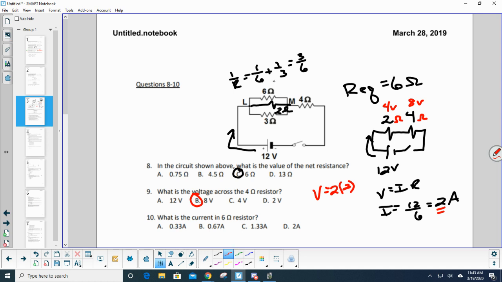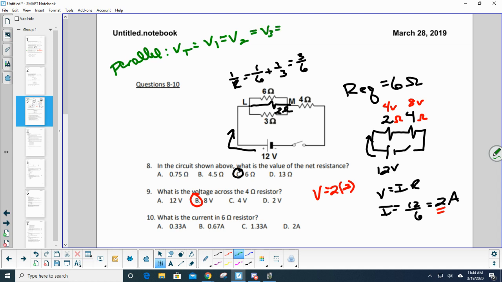So now the current in the 6 ohm resistor. If they're in parallel, does the current add up? I'm asking y'all. Yeah. Do y'all agree? If we are in parallel, so to kind of review this again, your voltage is your voltage, is your voltage.